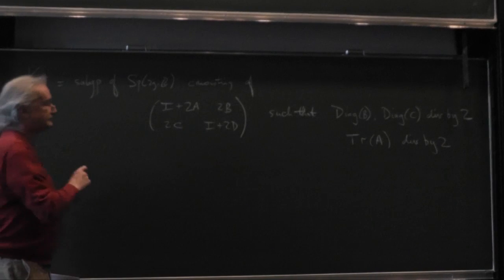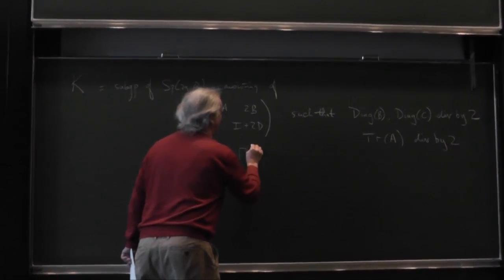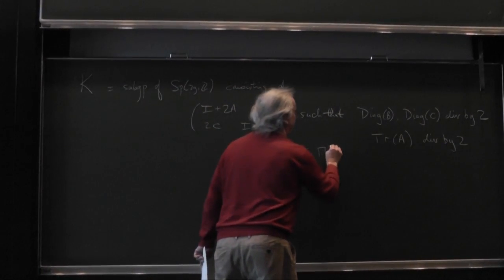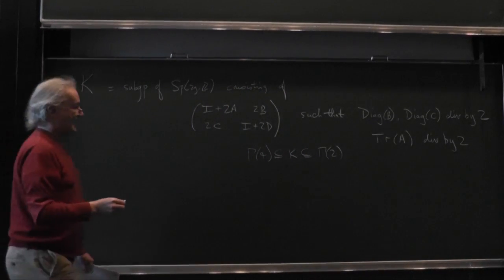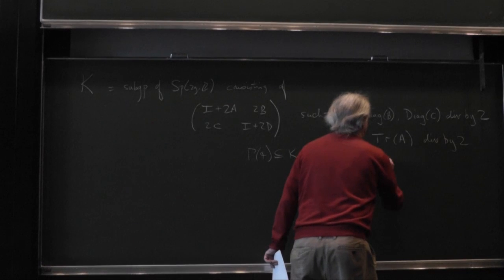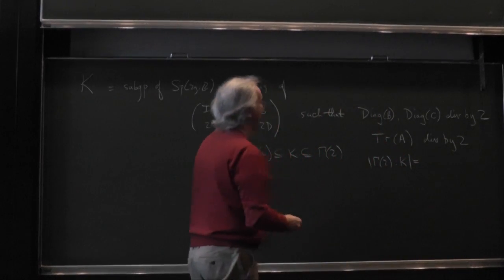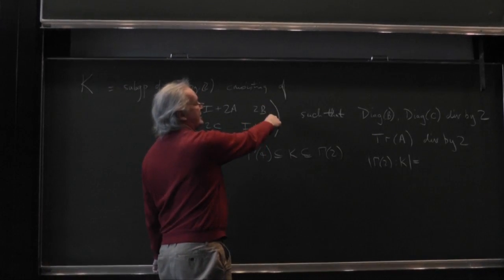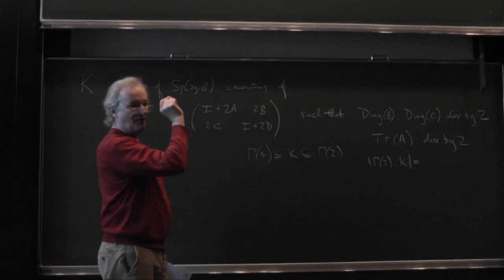So, if you think about it, Gamma(4) is contained in K, is contained in Gamma(2). All right? And the index in Gamma(2) of K is, well, we got g diagonal elements of B, g diagonal elements of C, and one more for the trace.